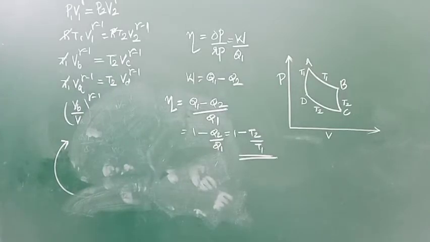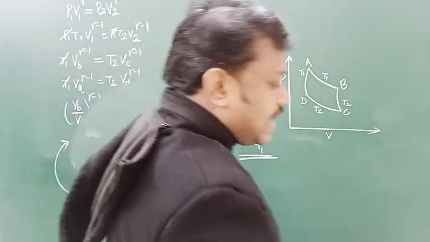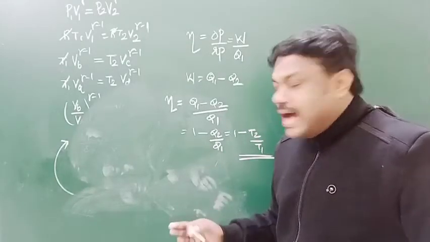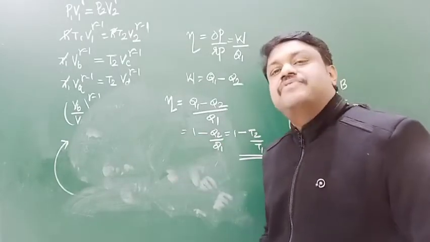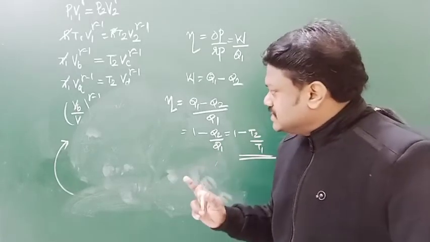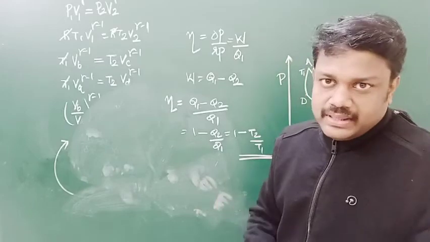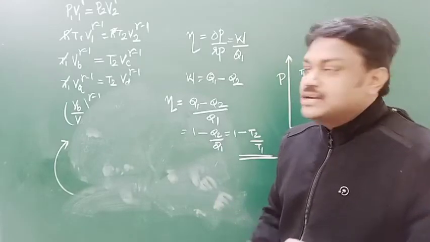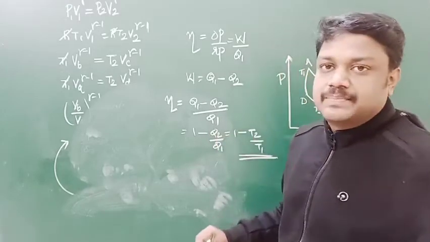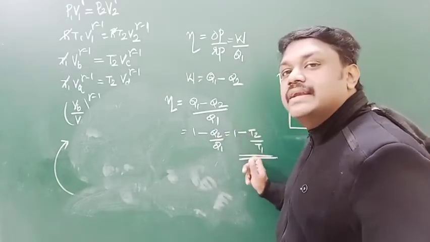What does it indicate? It indicates that the efficiency of a Carnot heat engine depends not on the working substance, not on any other parameters, but only on T1 and T2.